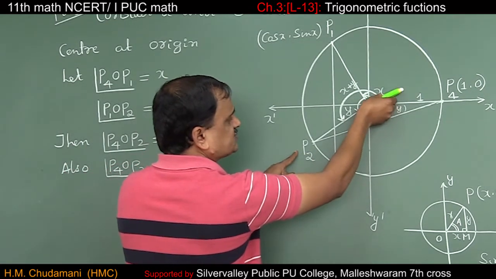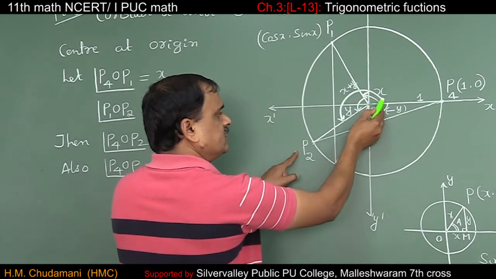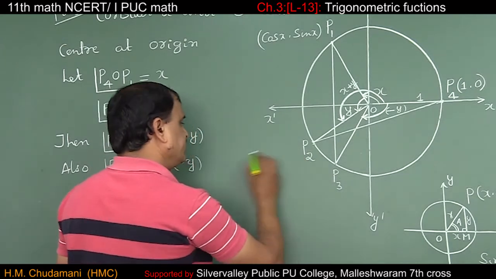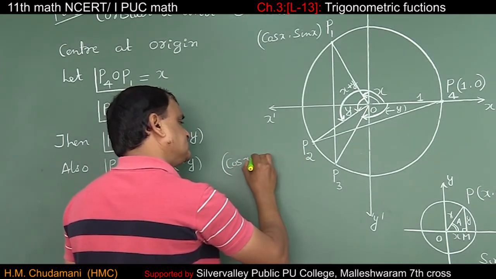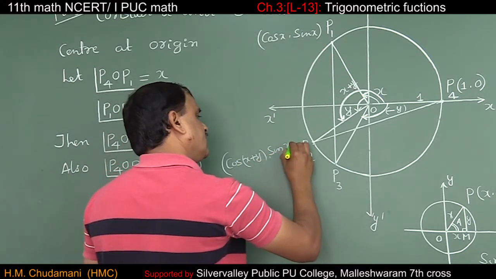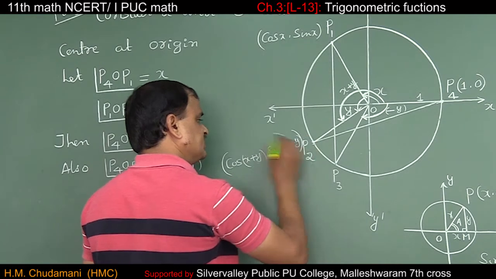From the x-axis, it covers an angle of x plus y. From here to here, it covers an angle of x plus y. The coordinates should be cos of x plus y comma sin of x plus y.